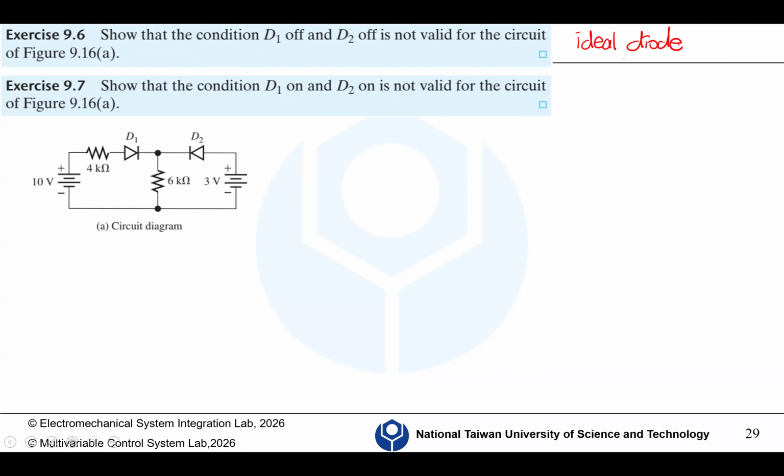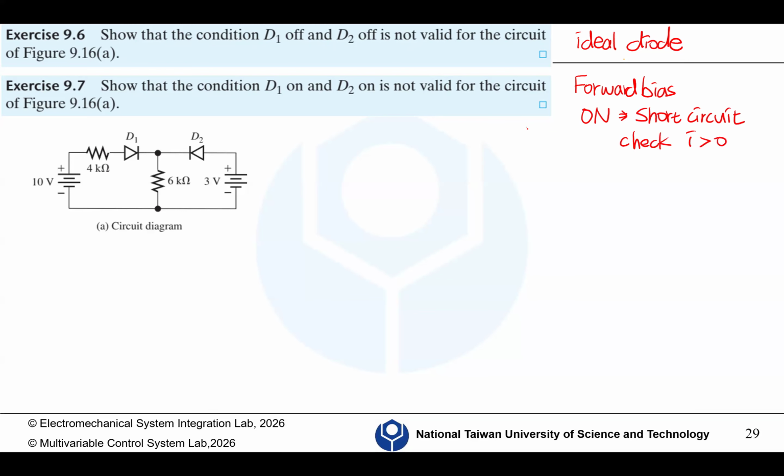And if it's ideal, when it's under forward bias and the diode is on, it means it is a short circuit. We need to check if I is larger than 0.